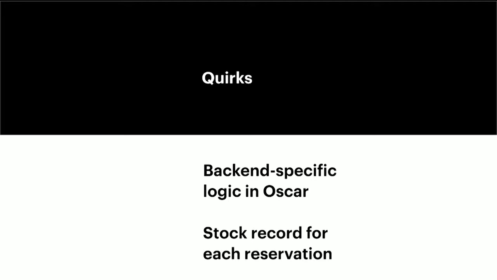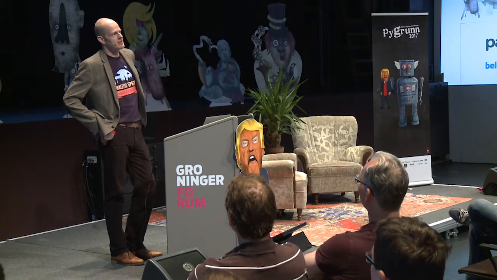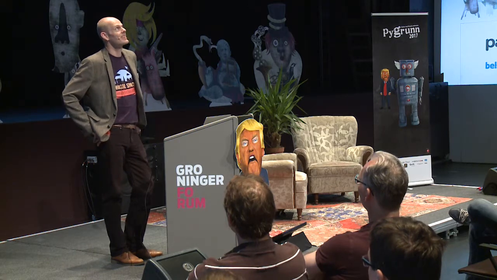One other thing is that because we have reservations and you have to have some kind of stock record for it, we had to create one stock record for each different reservation. We ended up doing that by making a stock record for each kind of accommodation that they have, with the start date and the end date of the reservation and the number of people.